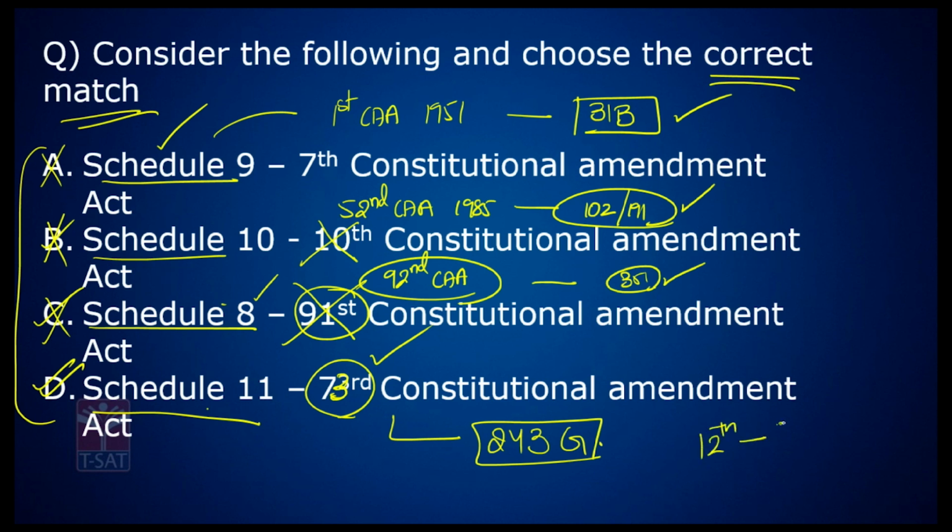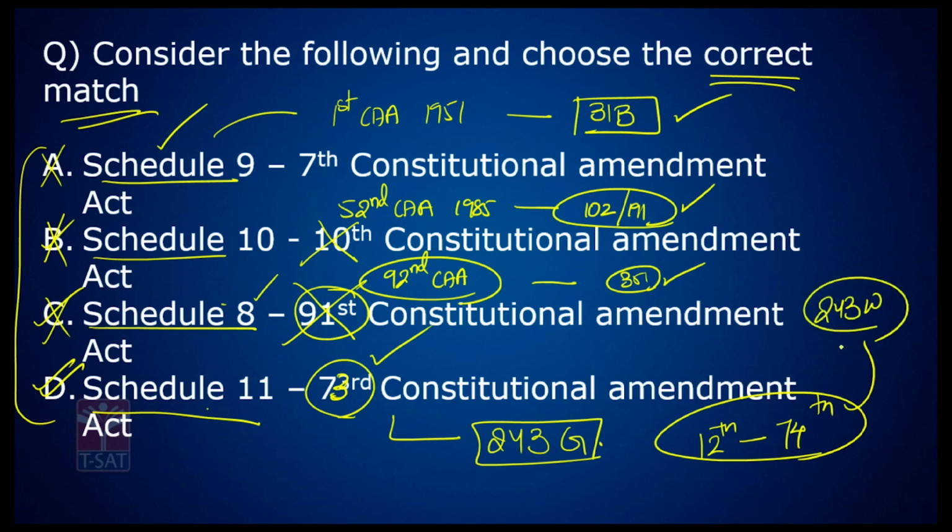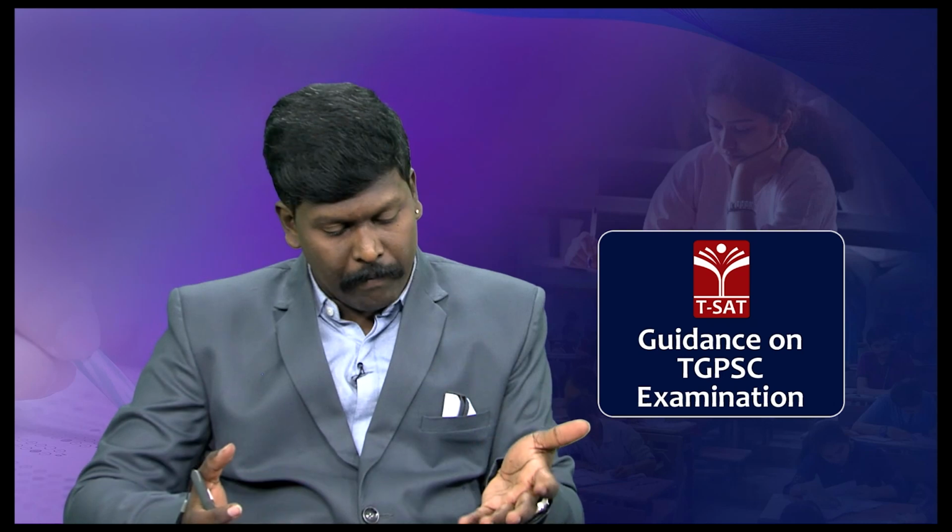The 12th Schedule is linked to the 74th Constitutional Amendment Act, linked to Article 243W. So 9, 10, 11, 12, these are the 4 schedules added afterwards, after the Constitution came into force. So these are the major expected MCQs for your Group 1 prelims TSPSC.